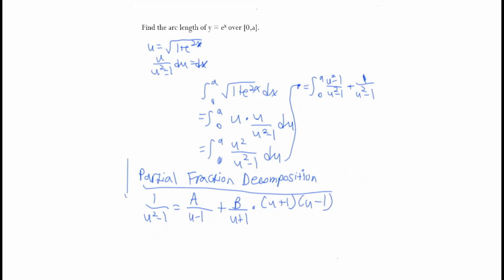Very unorthodox, but I'm out of space. This will just give us 1, because this multiplied back together is just u squared minus 1, which is equal to A multiplied by u plus 1 plus B multiplied by u minus 1, because when you multiply this by B, these two will cancel out. When you multiply this expression by A, this part will cancel out.